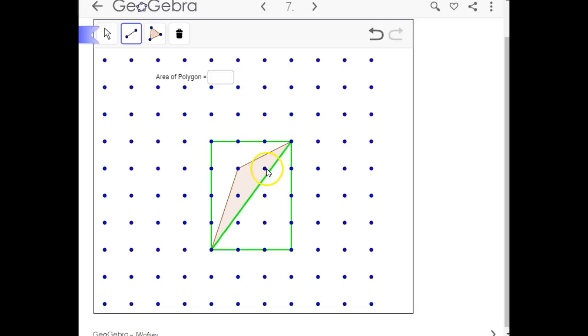And then nothing else lines up. So if I were to make this, could I make this a triangle? And a rectangle? No.